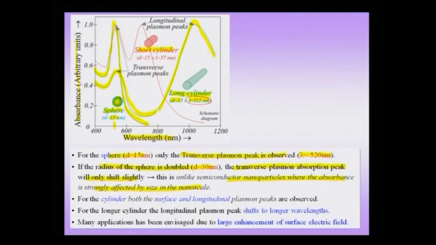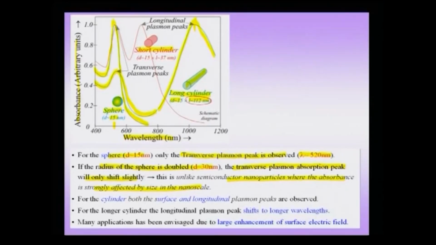This long wavelength peak is coming from the longitudinal plasmon, which is along the length of the cylinder, and the lower wavelength peak, which is close to 500 nanometers, is coming from the transverse plasmon. In other words, based on the geometry of the cylinder, now I have got two peaks, and these two peaks are coming from totally different mechanisms, one from longitudinal plasmons and one from surface plasmons.